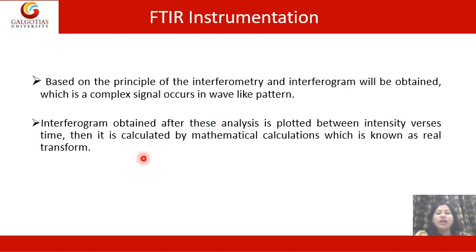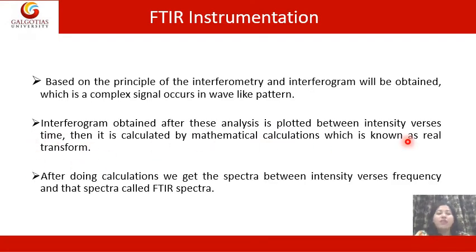Then it is calculated by a mathematical calculation known as Fourier transform. After doing the calculation, we get the spectra between intensity versus frequency, and that spectra is called FTIR spectra.